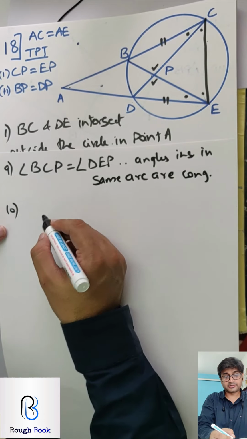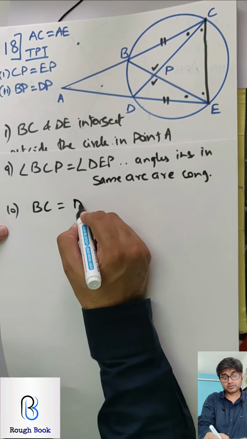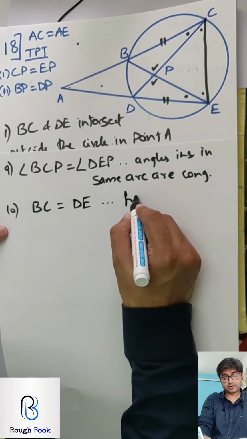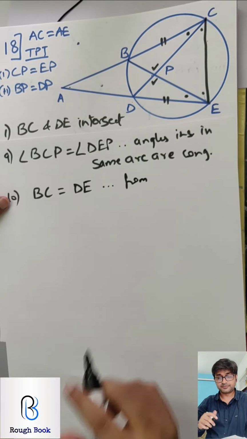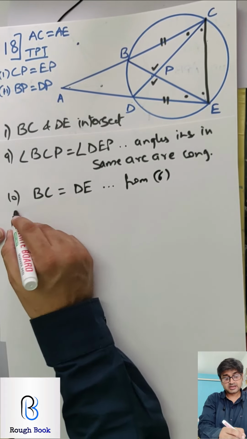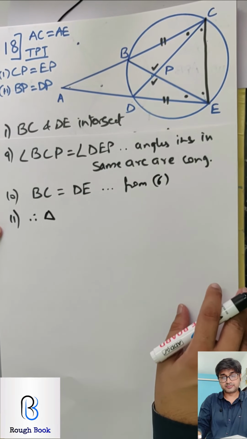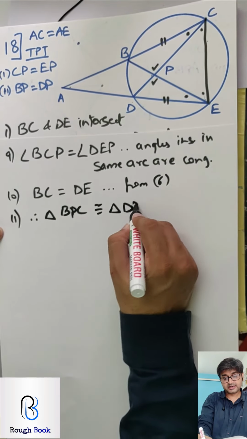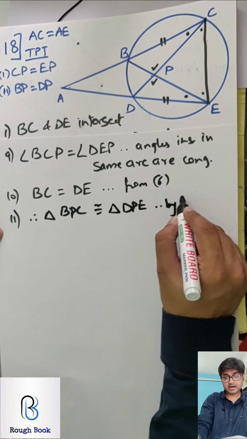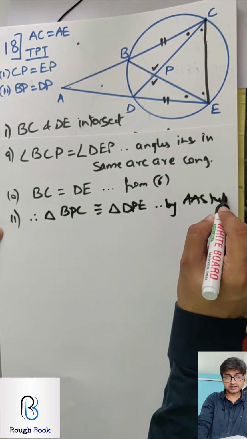And then the last part, BC equals DE, from statement number 6. So from 6, 11th, therefore the two triangles, triangle BPC is congruent to triangle DPE by the AAS test.